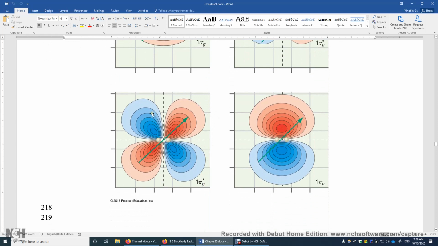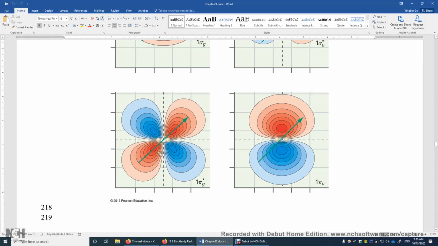Now this is a pi orbital. Is this a bonding or antibonding orbital? Well, clearly we see a planar nodal surface in the middle, so it's an antibonding orbital. Destructive interference between these two lobes, destructive interference between these two lobes.